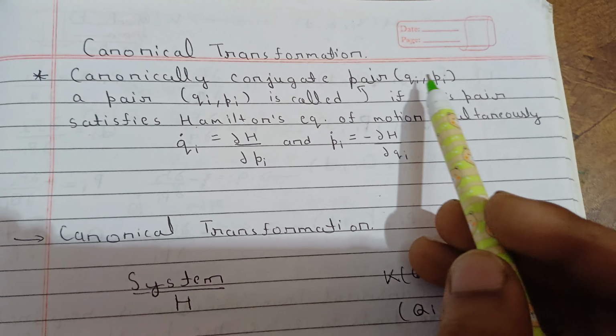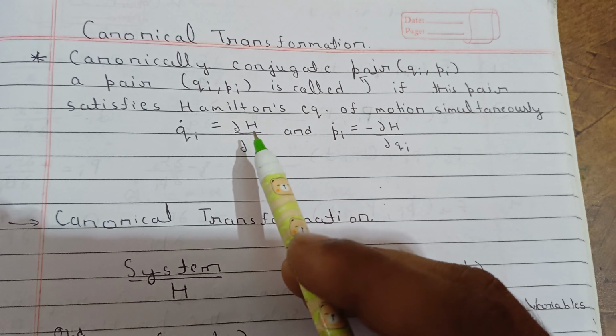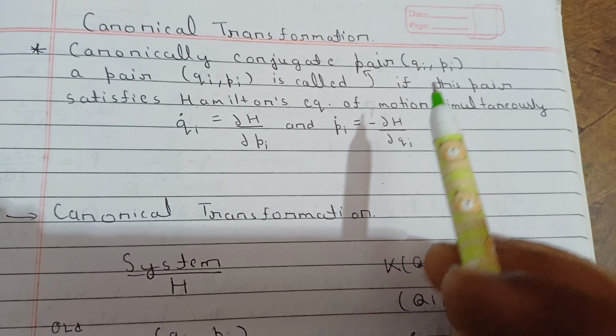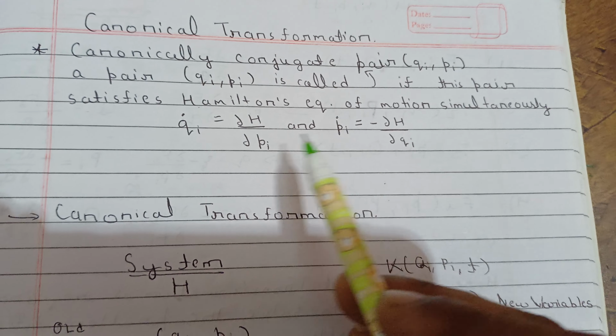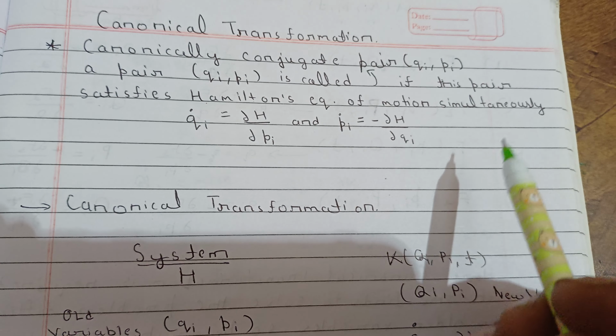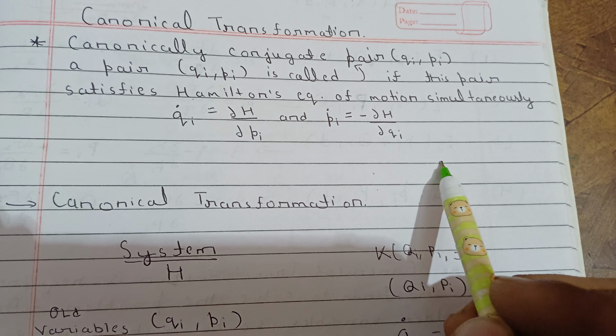Now what is the meaning of canonical transformation? So if these are the coordinates for a particular Hamiltonian of a system, now let's see if we change these coordinates to different coordinates, because you are free to take any generalized coordinates. One can take one pair, another one can take another pair, and that other pair also satisfies this equation.